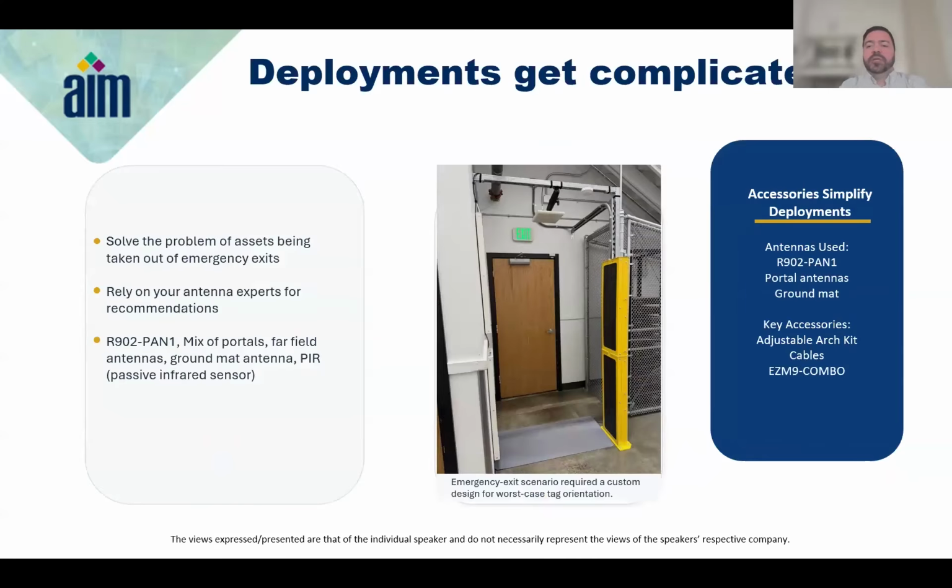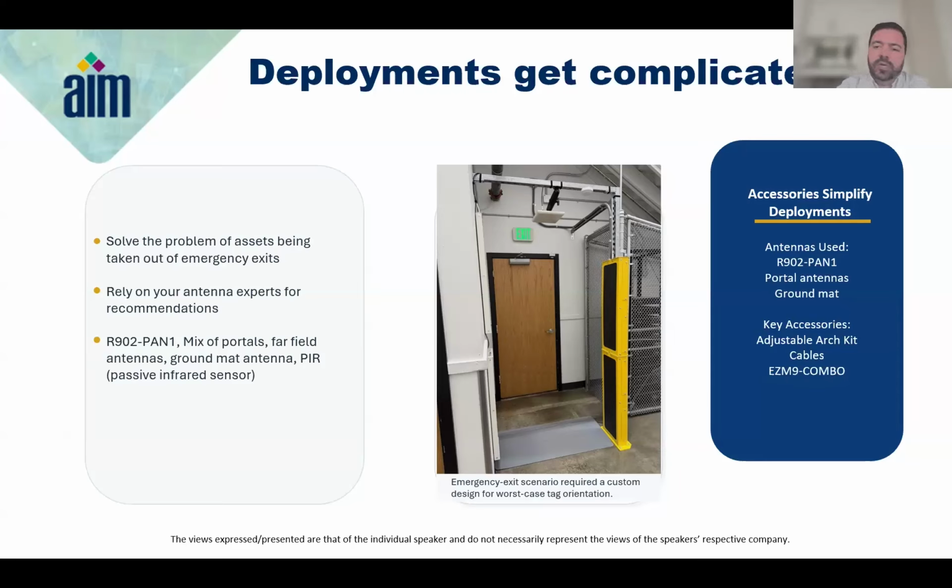So I think what it ultimately comes down to, guys, is these deployments can be extremely complicated, right? Again, just looking at this, we have a ton of different elements being used. We have a specialty mounting up top of that patch antenna. We have our customizable arch kit that we can deploy. We've got reads coming from the bottom of the mat. We have two different types of portals.